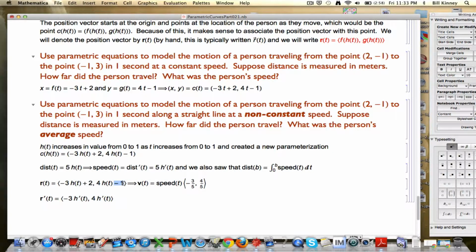Same with negative 1. It's a constant. Its rate of change is 0. It goes away when we differentiate. It turns out that these multiplicative constants, the negative 3 and the 4, just get carried along down here, and we can just multiply them times the derivative of the h, times h prime in each case. That number, that quantity, h prime, can be factored out. It is a number, it is a scalar that can be factored out of the vector, it turns out.